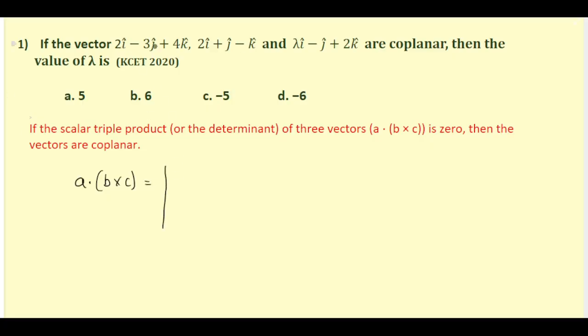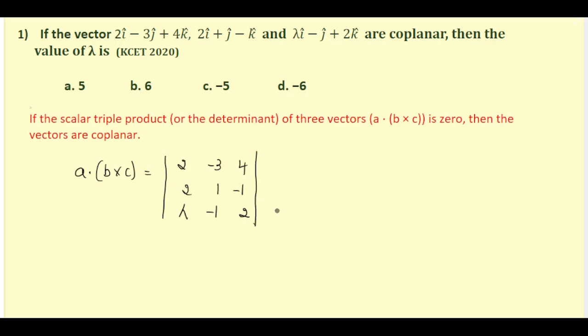First, the components of the first vector are 2, minus 3 and 4. Components of the second vector: 2, 1 and minus 1. Components of the third vector: lambda, minus 1 and 2. On solving this, we get, let us take this as plus, this as minus, and this as plus.